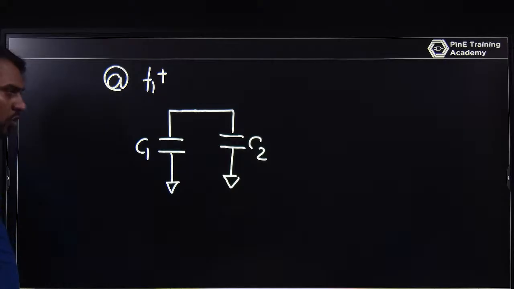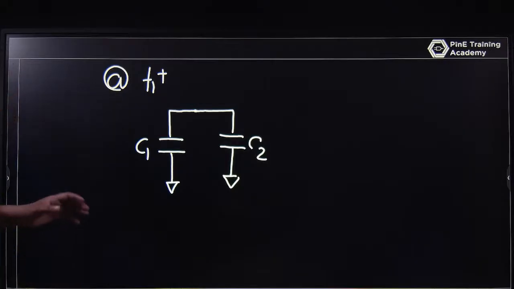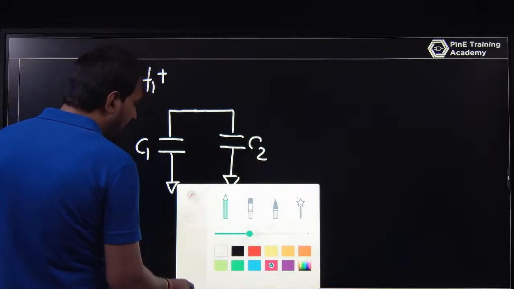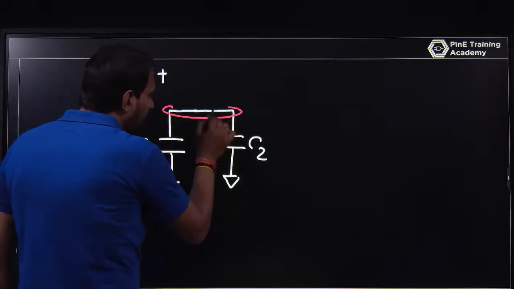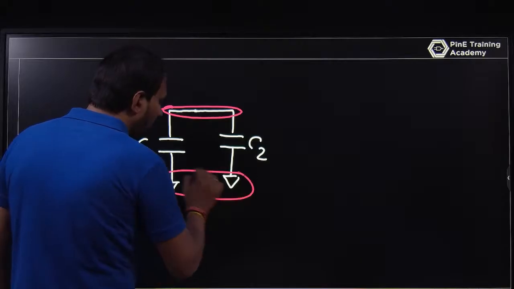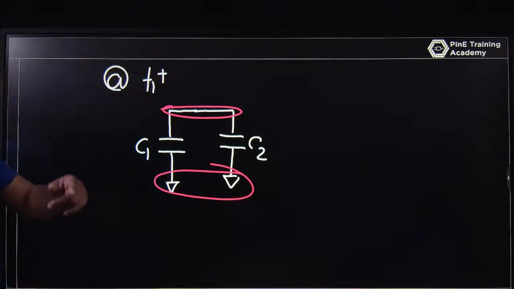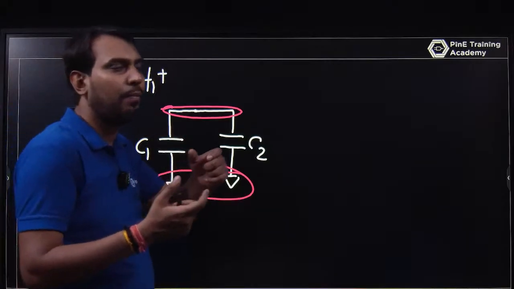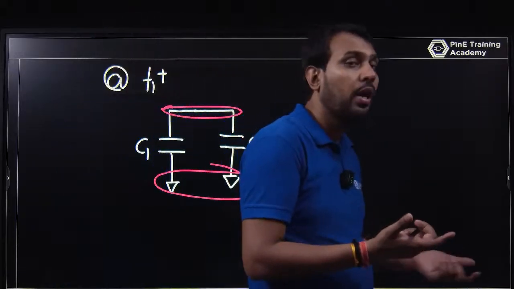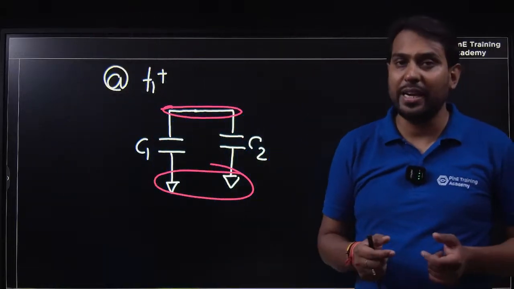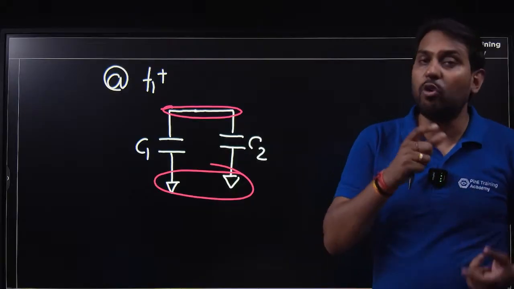Once the switch is closed, this behaves like a parallel circuit now. This is one node, this is the second node, and if two or more elements are connected across a pair of nodes, that is called a parallel circuit, and in a parallel circuit the voltage is the same.